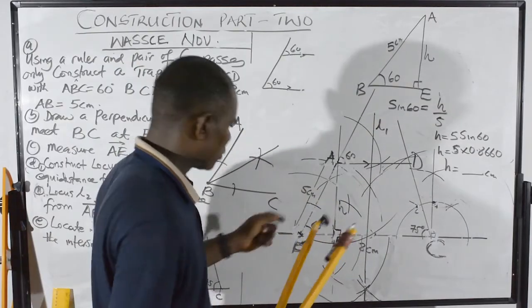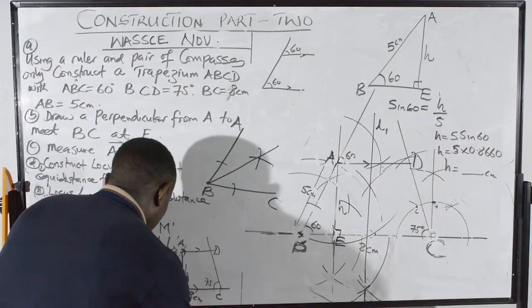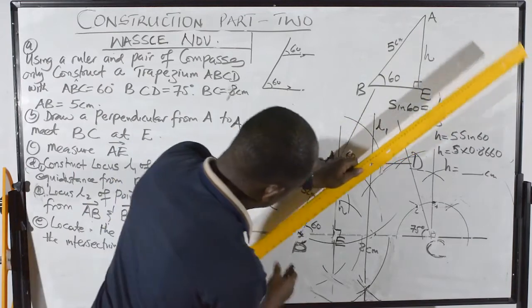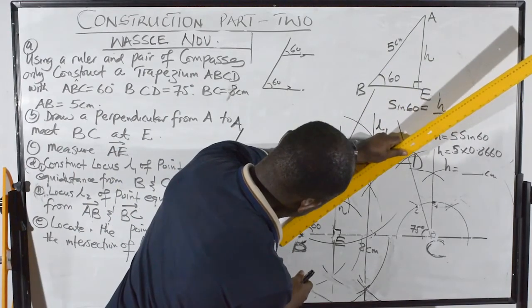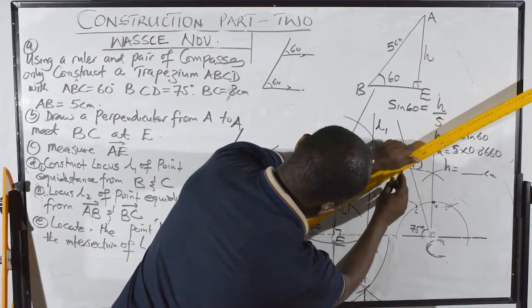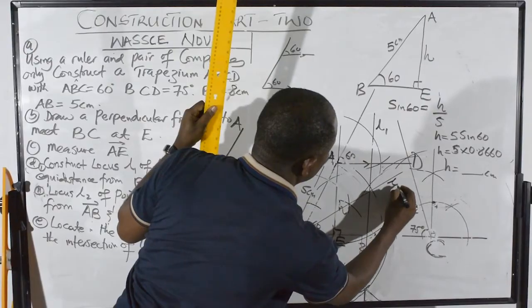That is the locus, and it moves through that point. So we have two going that way. This is the locus of point equidistant from AB and BC. So I've got the locus L2.